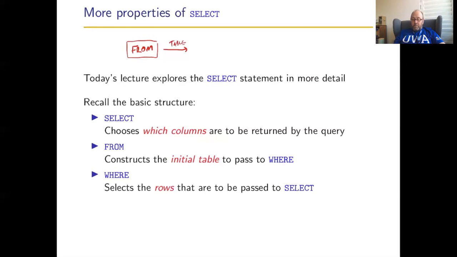The table is then passed to the where clause, and the where clause will select some of the rows of the table and delete others or forget about others. So that resulting table is then passed into the select clause, and the select clause just prints out or returns to the screen the columns that are named in the select statement.